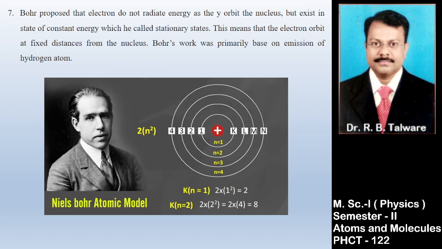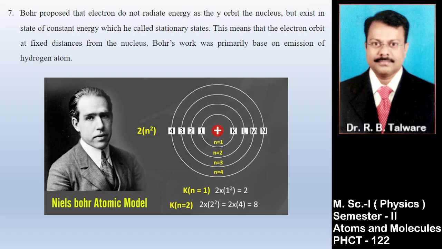Bohr proposed that electrons do not radiate energy as they orbit the nucleus but exist in states of constant energy which are called stationary orbits. This is shown in this figure. This is the first orbit, second, third, fourth, and we give the names K, L, M and N orbit. This means that the electrons orbit at fixed distances from the nucleus.